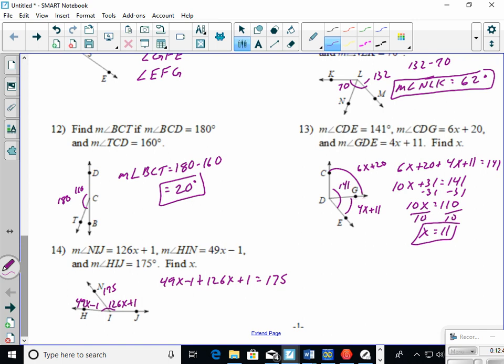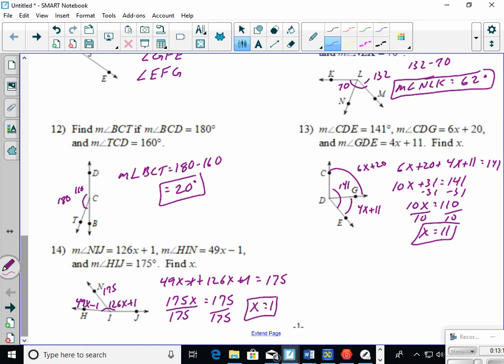So 49x plus 126x will be 175x. And 1 plus 1 is going to cancel each other out. Equals 175 divided by the 175. And x is going to equal 1 here.